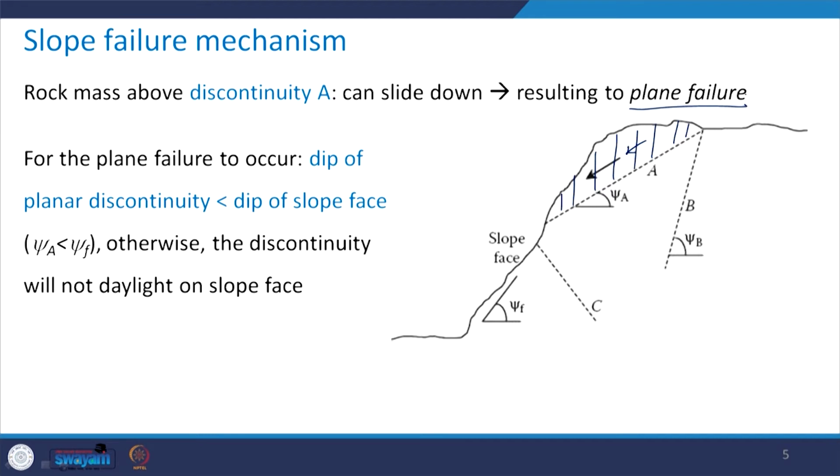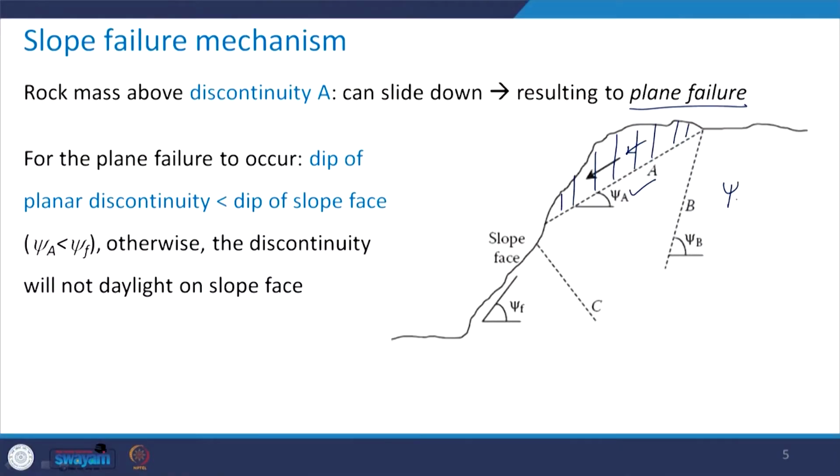Now, there are some conditions based upon dip and dip direction of the slope face and the dip and dip direction of the discontinuity, along which there is a probability that the mass can slide down. So, based upon their relative values, one can decide whether this mass will finally slide or not. So, there are few conditions. Let us see what those are.